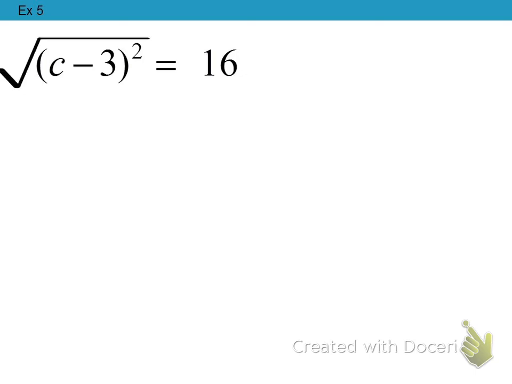So it's okay to take the square root at this point, because the whole left side is already being squared. Okay? So that's going to leave us with c minus 3 equals plus or minus 4. This is where it gets a little tricky.